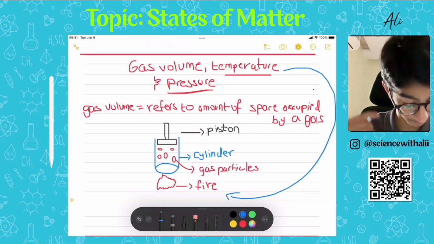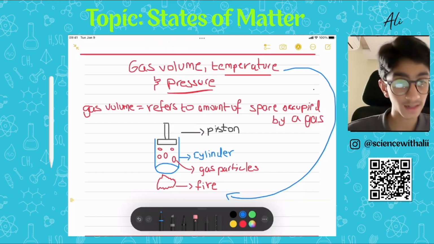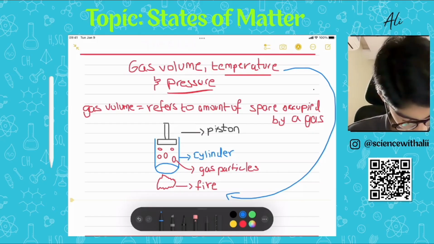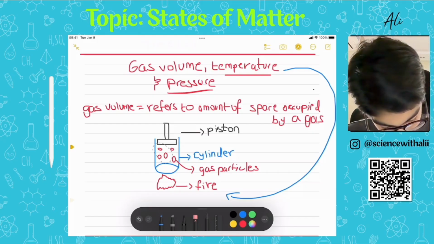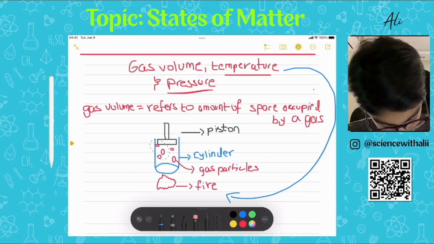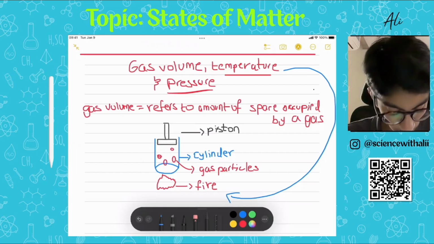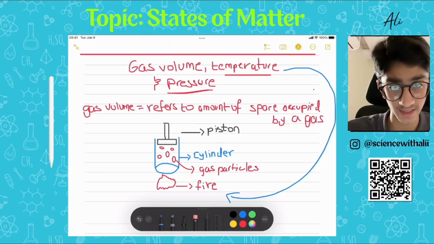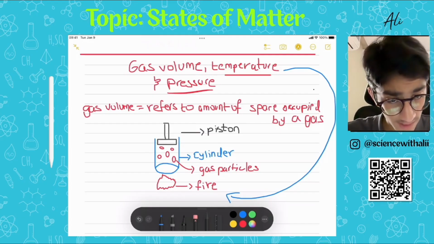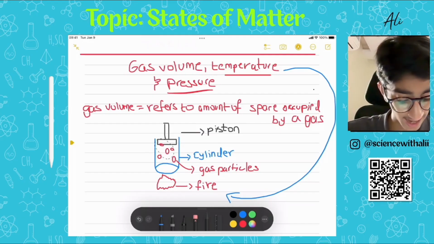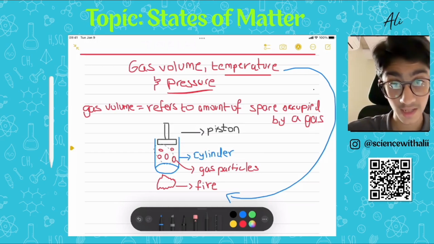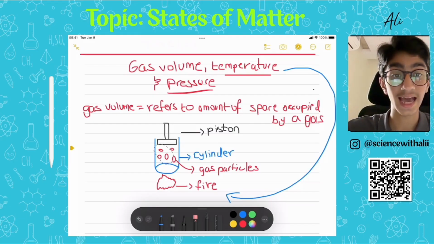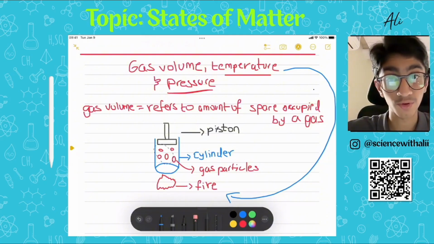So when you increase the temperature in a gas cylinder, the particles will gain kinetic energy and this will result in them moving faster and faster inside the cylinder, bumping into the walls of the cylinder, bumping into other particles, and this causes the gases to collide more frequently and with greater force, right? So this pushes them further apart and pushes them against the container walls. As a result, the gas expands and takes up more space.